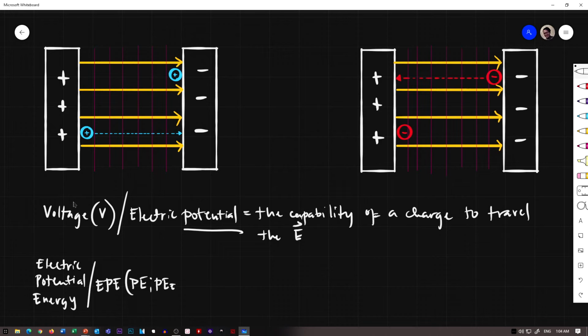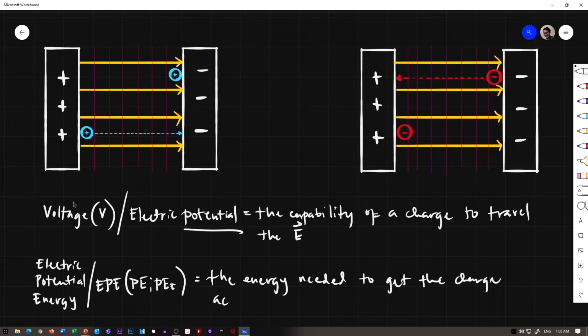So PE sub E. Alright, so this is the energy. Take note, this is energy needed to get the charge across the electric field.